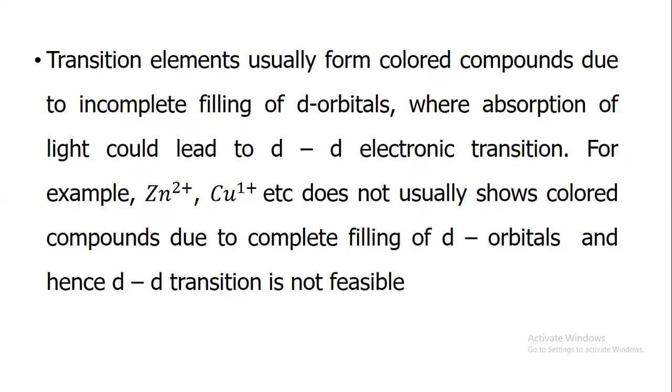Zinc 2+ is d10 and copper 1+ is also d10. They do not usually show colored compounds due to complete filling of d orbitals, and hence the transition is not feasible.